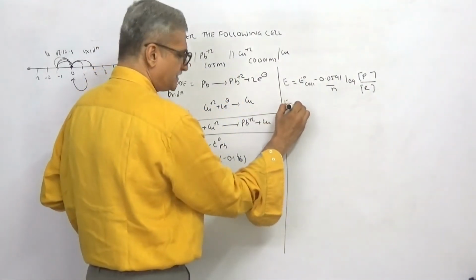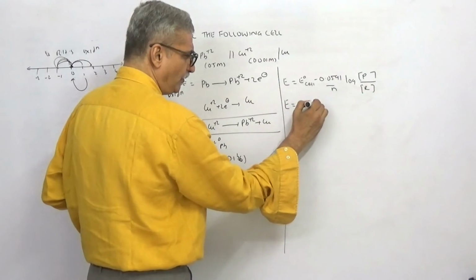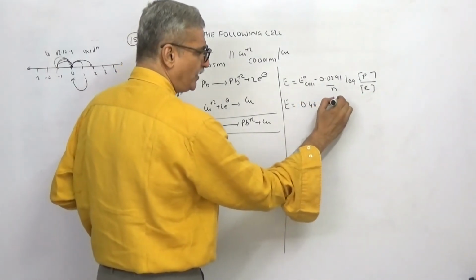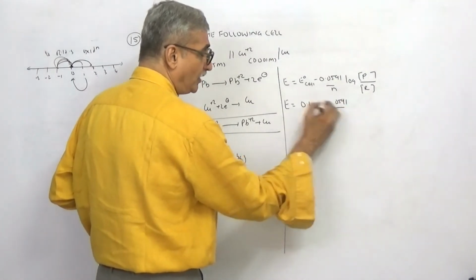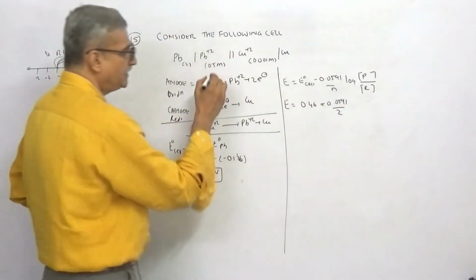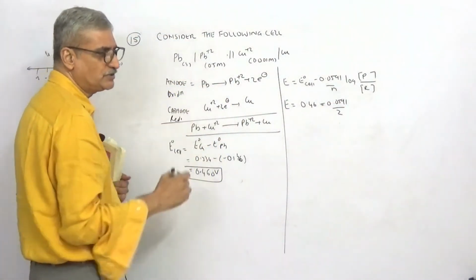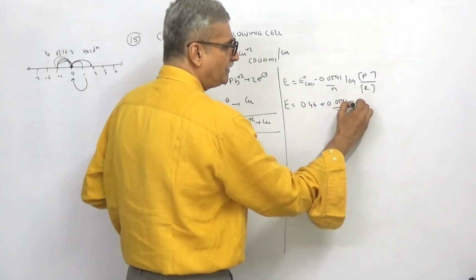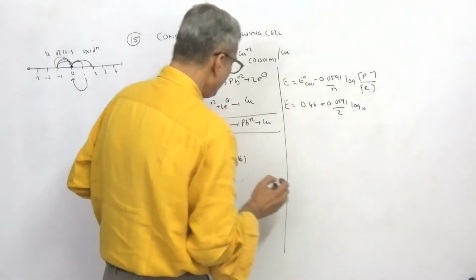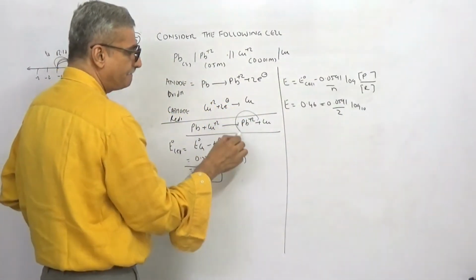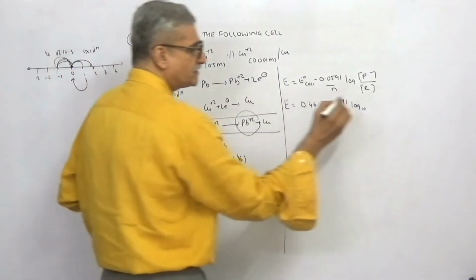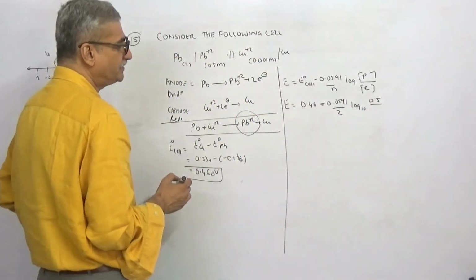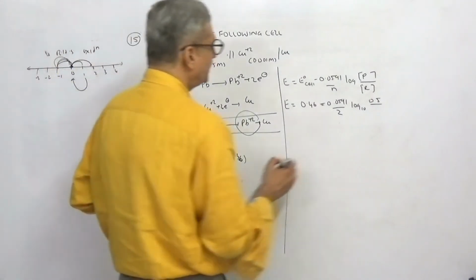So E of the cell will be 0.46 minus 0.0591 upon n, where n was 2, because in both the cases the electron change was 2. Is this clear? Log to the base 10 of, what was the product concentration? The lead concentration was 0.5 upon what do we have? Concentration of copper, that is 10 raised to minus 3.